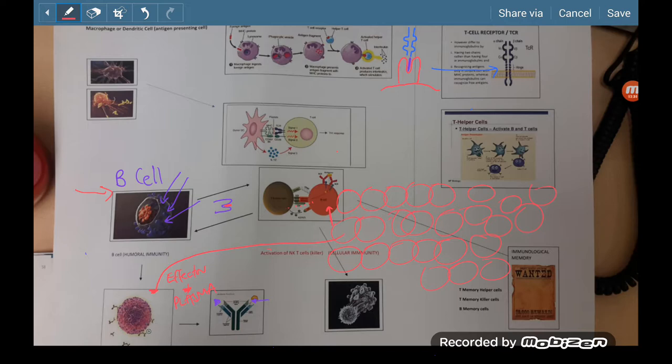Plasma cells here produce, through massive amounts of protein synthesis, so you can imagine that their ribosomes and their rough endoplasmic reticulum and their Golgi apparatus are going nuts in there as a result of the cell signals of the activation of the T cell, free-standing antibodies like this, which then flood the humoral fluids of the body, the blood, the lymph.